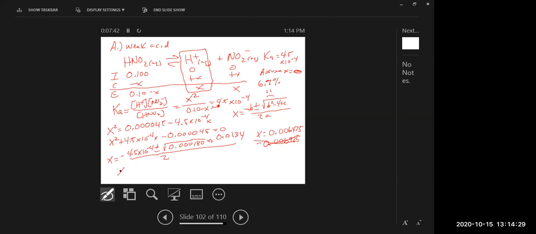And that means that our x value would be 0.006475, and that would equal the H plus concentration. And that means that the pH would equal minus the log of 0.006475, meaning that we will open up our titration here with an opening pH of 2.19.